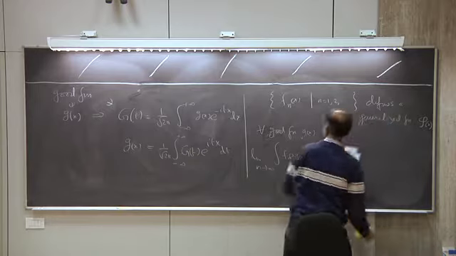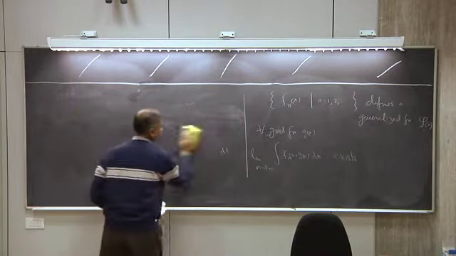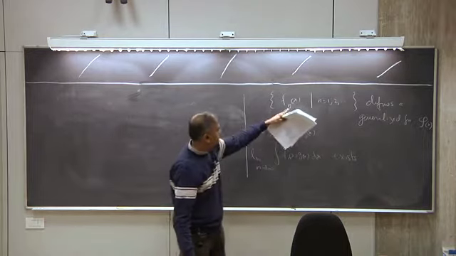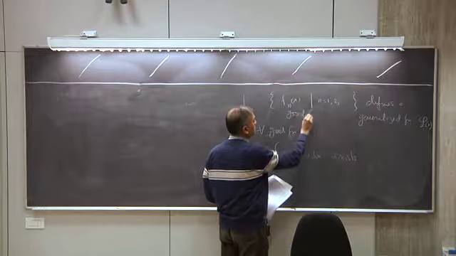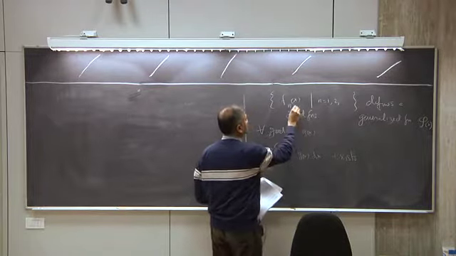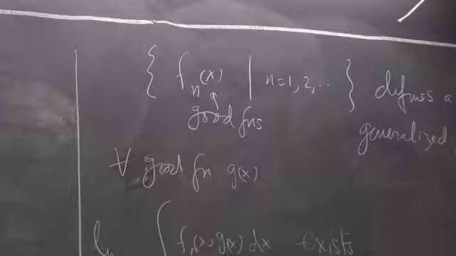What do we mean by this statement? Now, take these functions. These are all good functions, for each n. So let's take the Fourier transform of each of them.